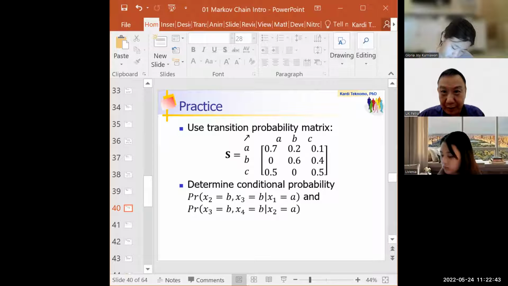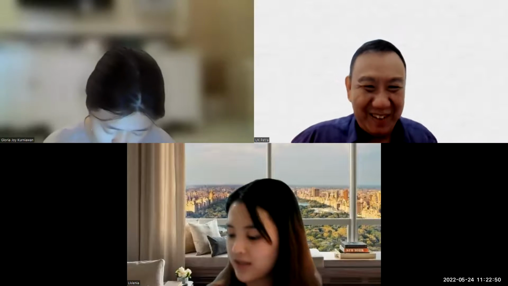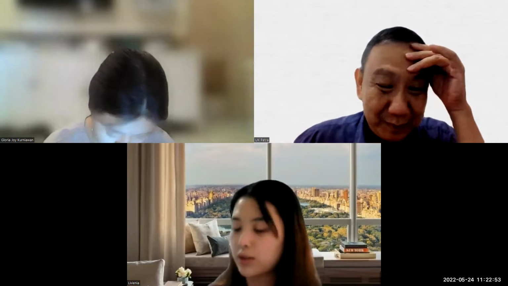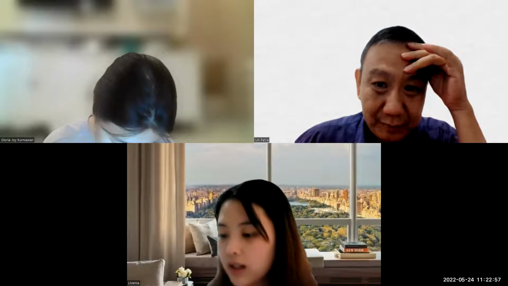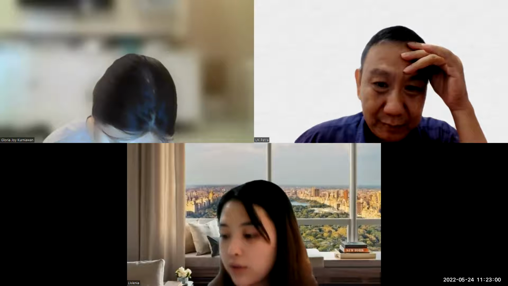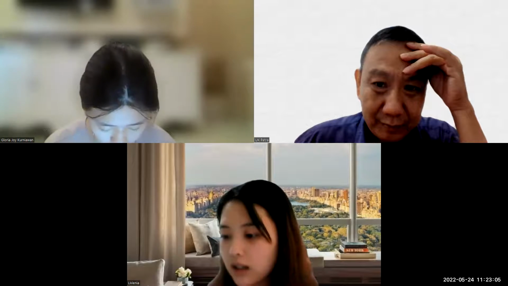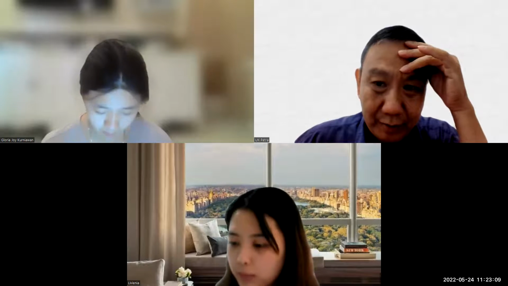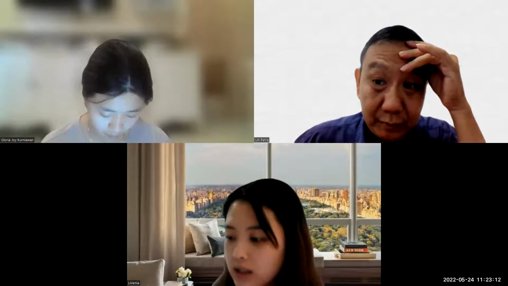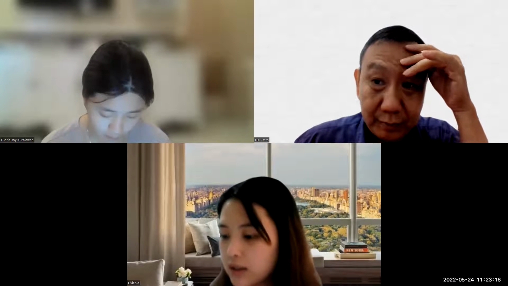You want to share your screen, Vivi? How do you compute that? Oh, I do it on my paper. So for the first one, the probability of x2 is B, and then x3 is B, from x1 is A. So we start from A. A to A is 1, multiplied by A to B, 0.2, multiplied by B to B, 0.6.